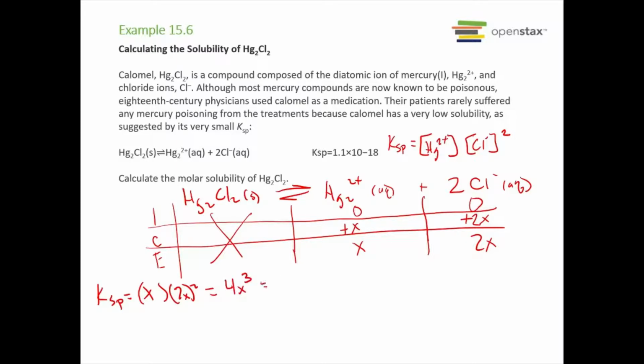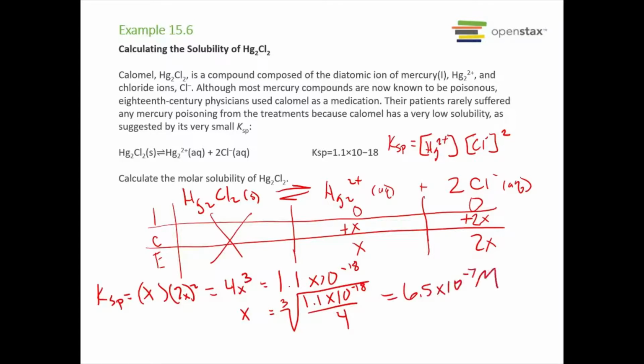And that is equal then, putting in our Ksp, 1.1 times 10 to the negative 18th. So divide everything by 4 and take the cube root. x is equal to the cube root of 1.1 times 10 to the negative 18 over 4. And this gets you 6.5 times 10 to the negative 7 molar.